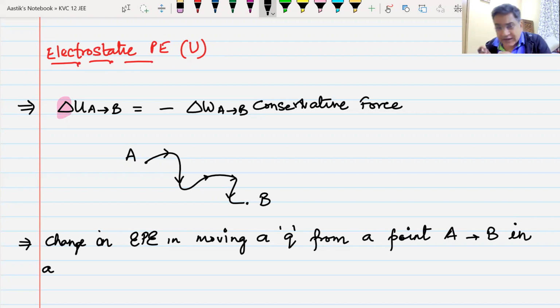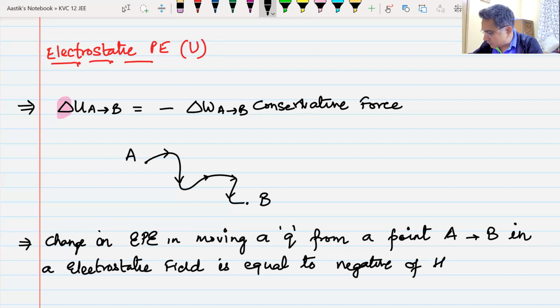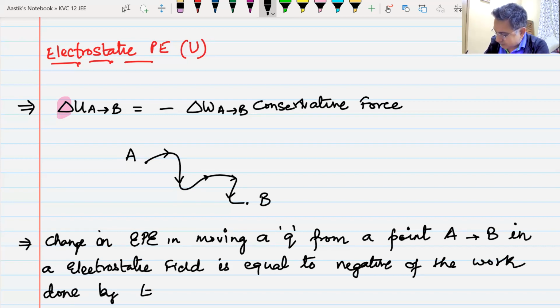Electrostatic force. So it has to be in an electrostatic field, otherwise it will not move. Yes or no? So change in electrostatic potential energy in moving a charge from point A to point B in an electrostatic field is equal to negative of the work done by electrostatic force.